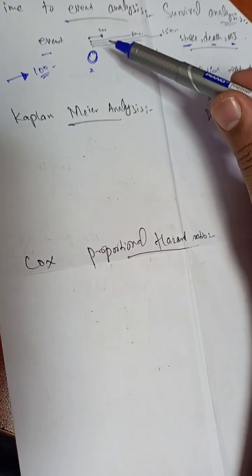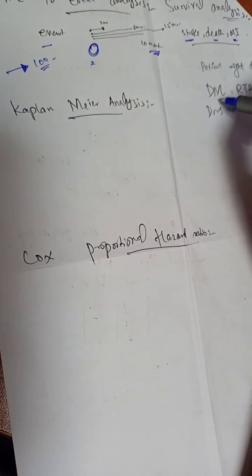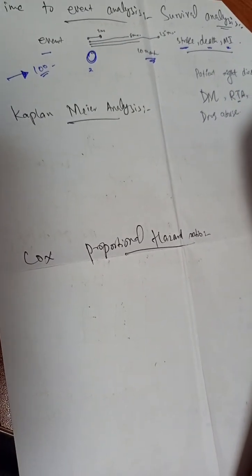But there is also a possibility that this patient might die of diabetes mellitus, which is not a variable of our experiment, might die of a road traffic accident, or might die from asthma or drug abuse, right? So for this type of event analysis or survival analysis, we can take help of time.